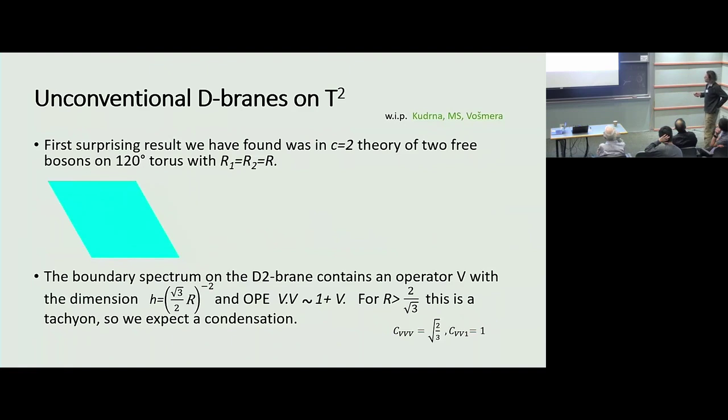Okay. And for r greater than 2 over the square root of 3, you can see that this h is less than 1. So this is a relevant operator, or tachyon, so we expect a condensation. And since everything is free fields, we can calculate the structure constants. We can plug it into string field theory and see what happens.